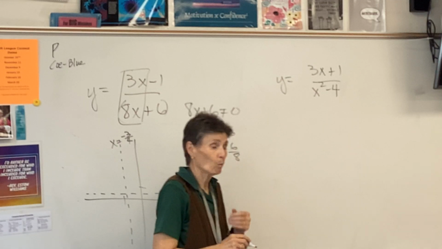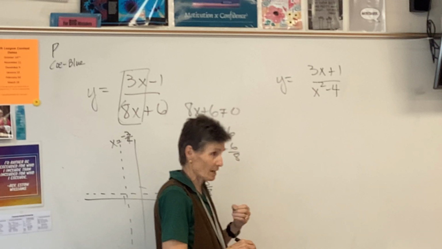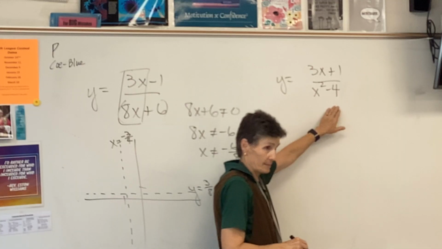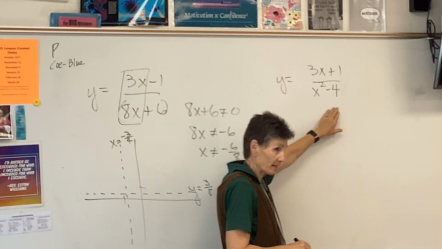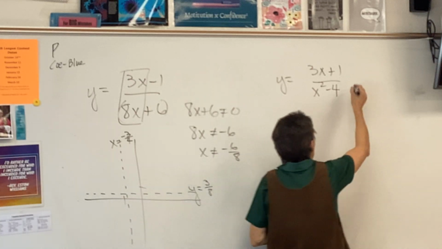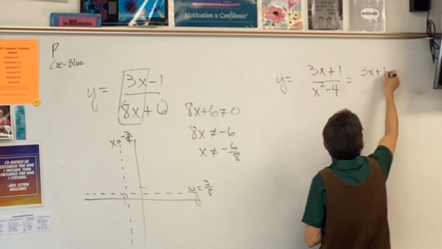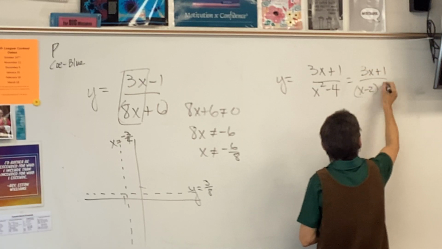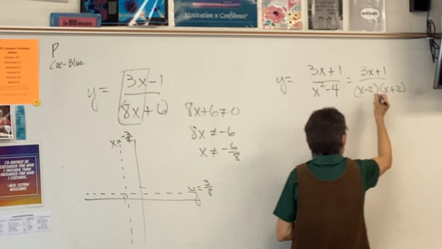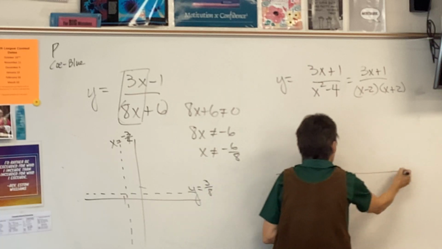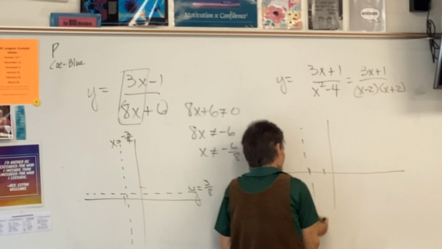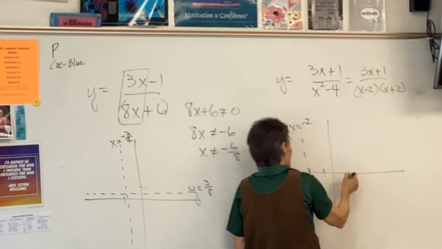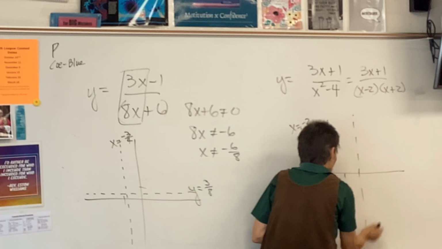Very good, Brian. Where do vertical asymptotes come from? The denominator. Does that factor? Yeah. So we have 3x plus 1 over x minus 2, x plus 2. Right there are your vertical asymptotes: negative 2 and positive 2.